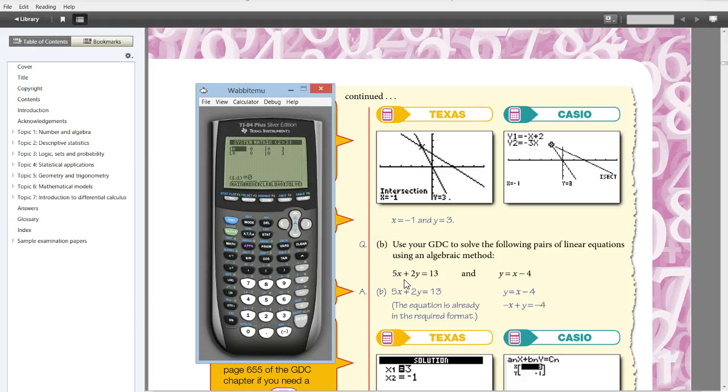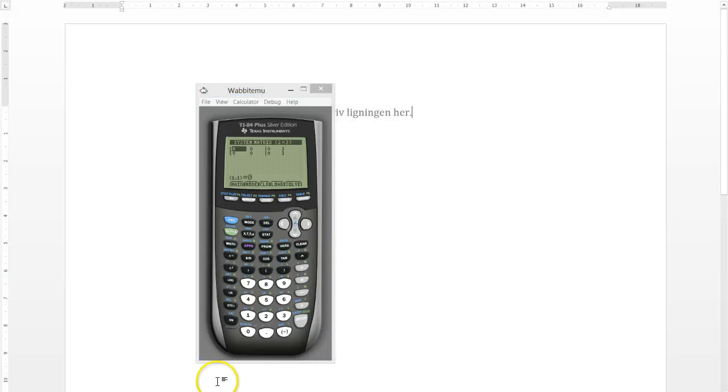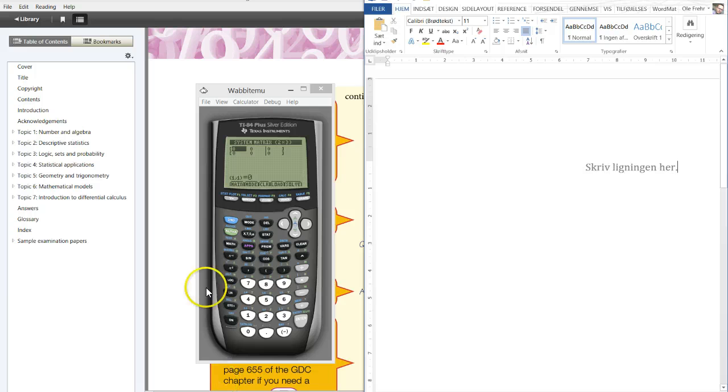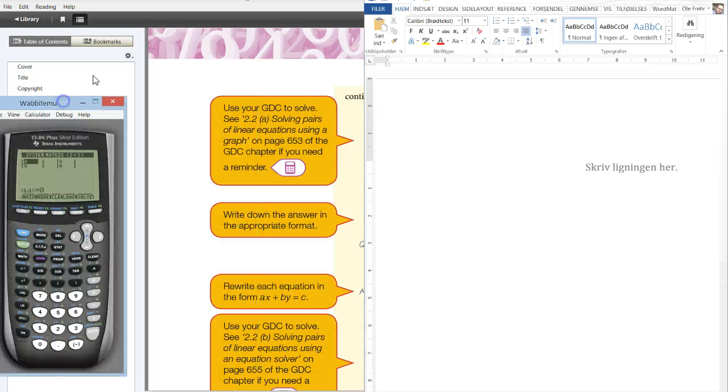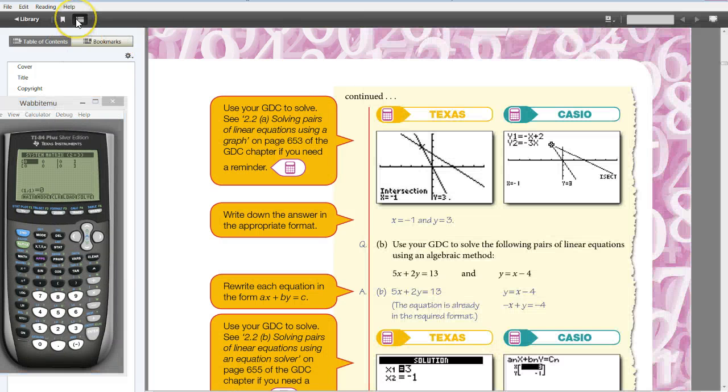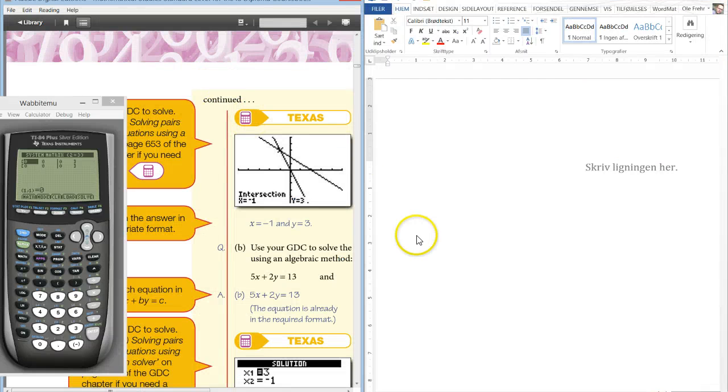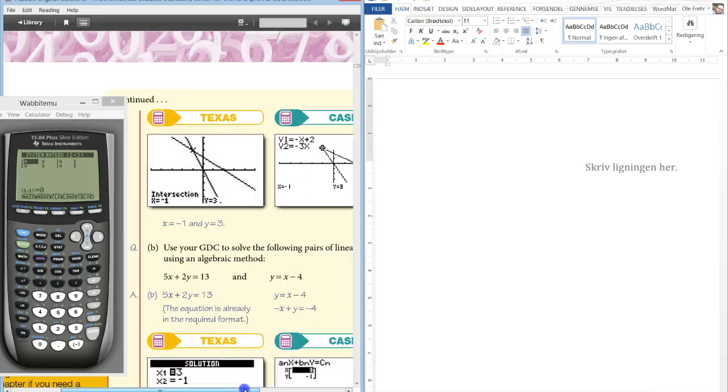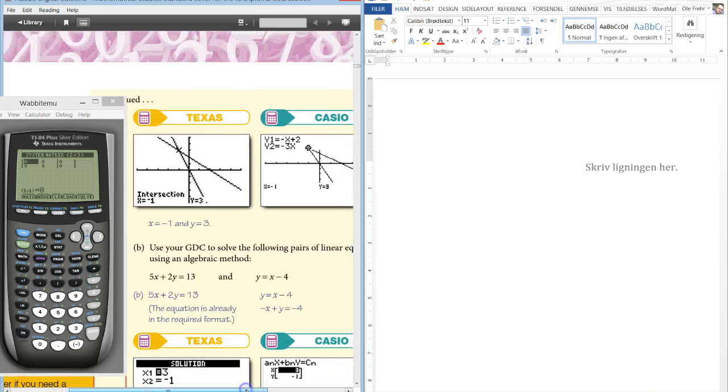So we need to put the numbers in. We have these two equations here. Where are they? Here they are.